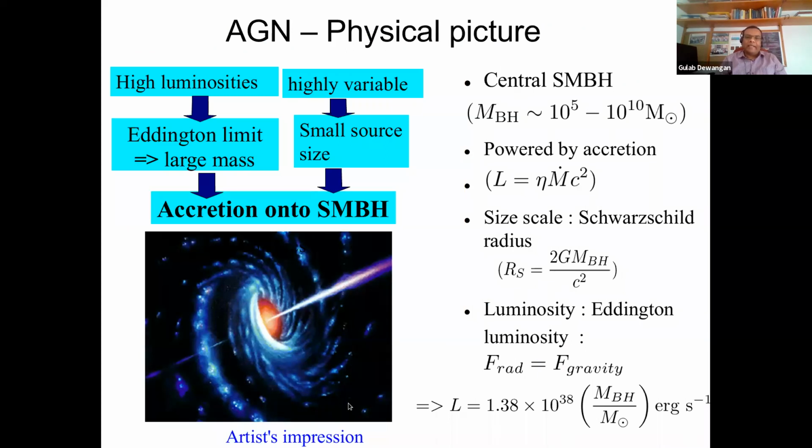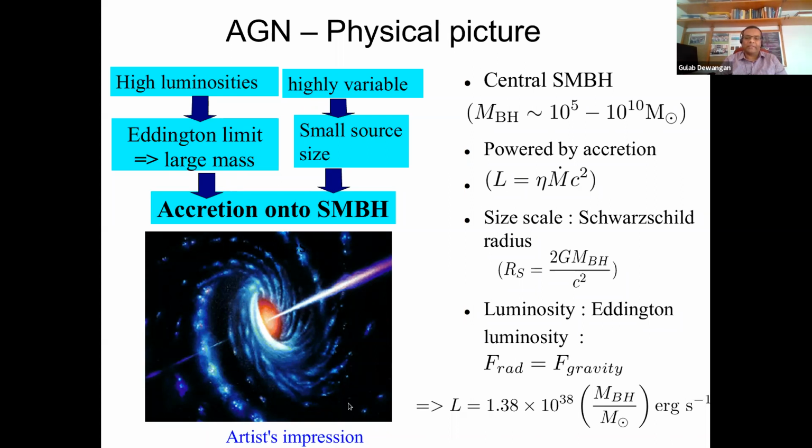Physically, we understand AGNs to some extent. Basically, the high luminosities of AGNs translate to large black hole masses, if you apply the Eddington limit, because any object cannot emit arbitrarily large luminosity.